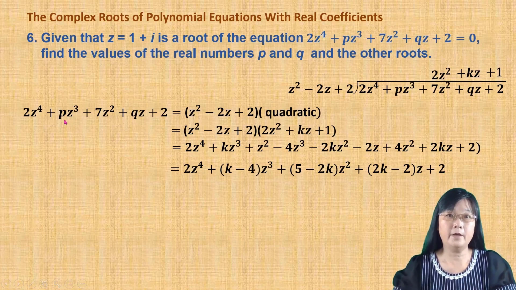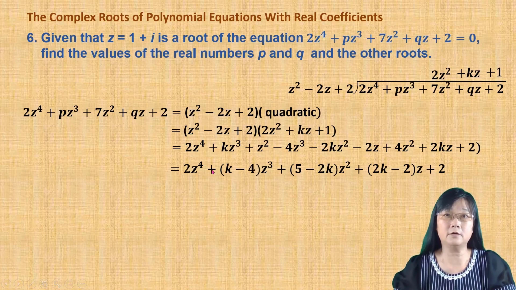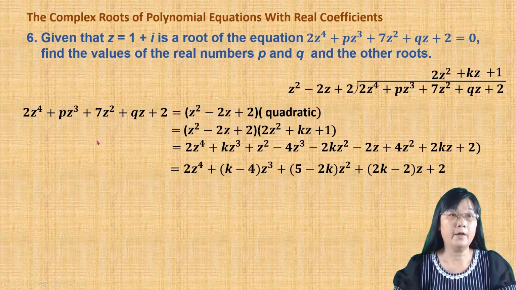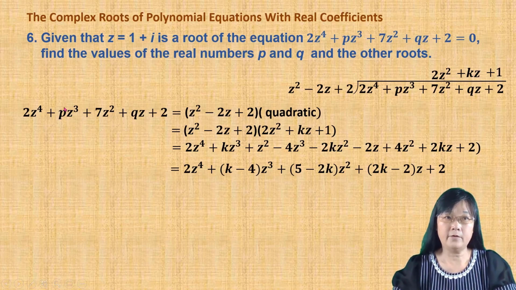Now I can compare the coefficients in order to get P and Q. When I compare for P, I find that if I want to find P, I must get the value of K first. And same thing, if I want to find Q, I must get the value of K. So therefore, I decide to find K.